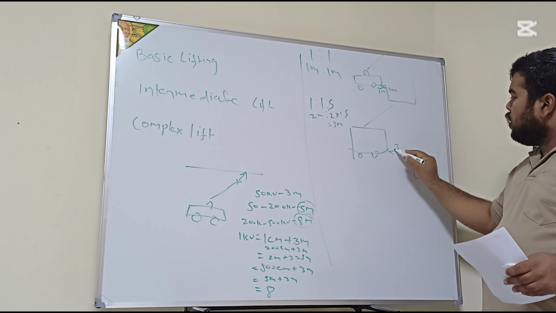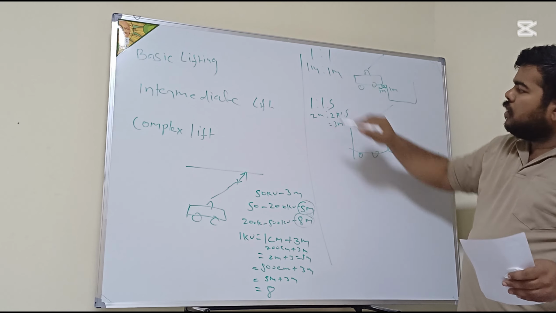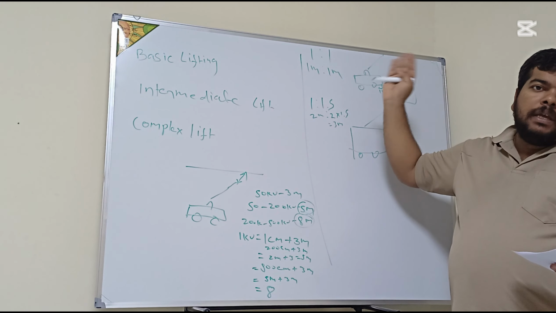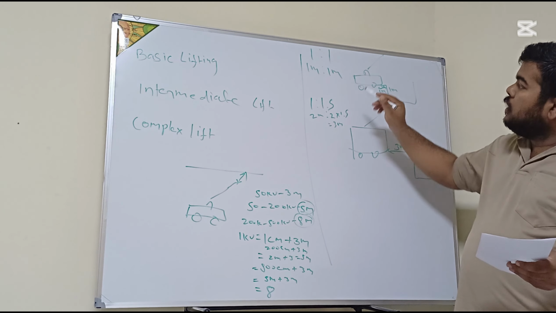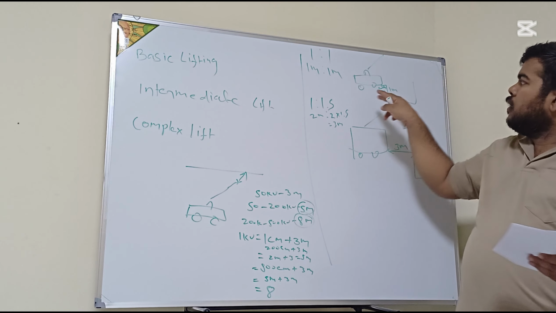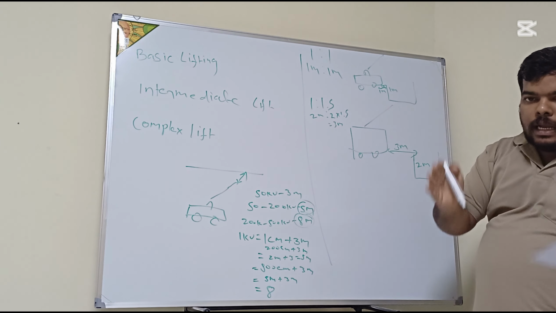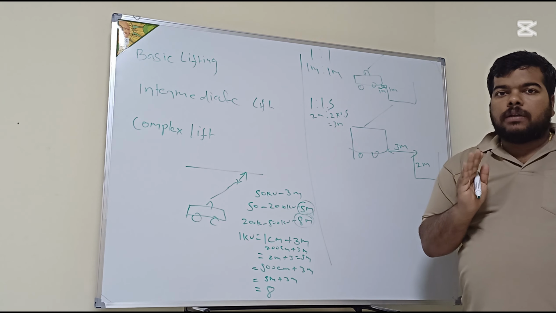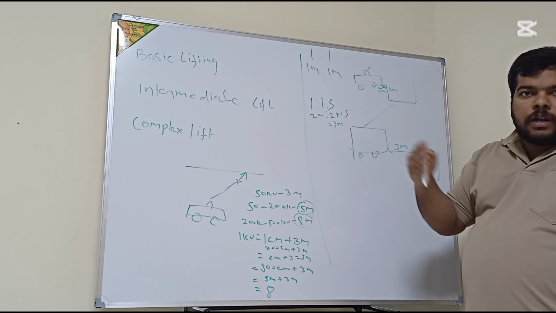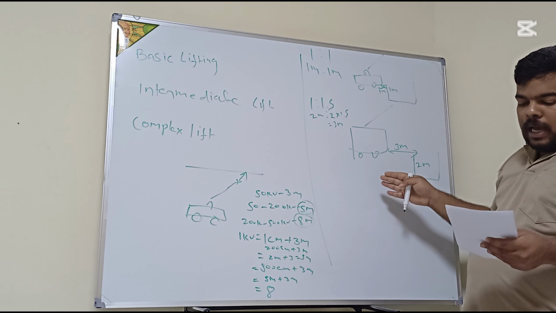So you have to maintain 3 meter. This depends upon local regulations, but the UK standard BS 7121 says 1:1. That means if you have 2 meter depth, the distance between the crane and the excavation should be 2 meter. But local regulation will change; somewhere it will be more or less. So this is how it should be calculated.